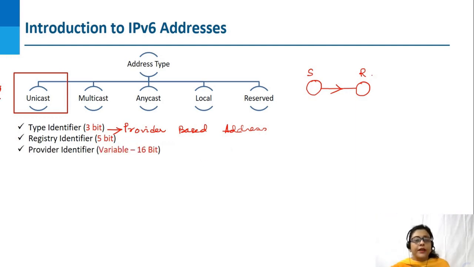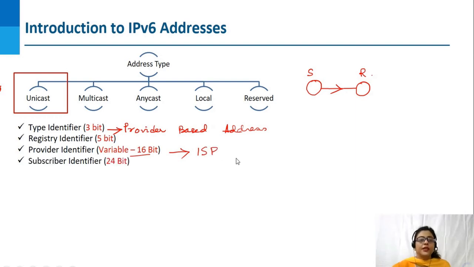Next we have the provider identifier. It is variable and roughly consists of 16 bits. It defines the provider, for example the Internet Service Provider or ISP. Next we have the subscriber identifier. It is 24 bits. It is basically the organization that has subscribed to the ISP.